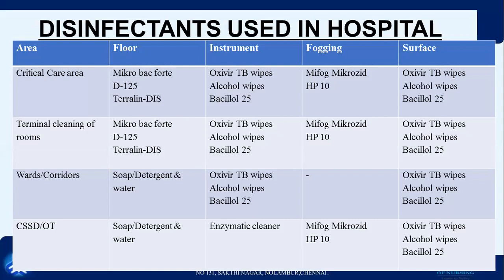It may also differ for the floor, instruments, fogging or surfaces. Depending on the purpose, the disinfectant is defined differently, and it is expected to be used immediately following the spill.